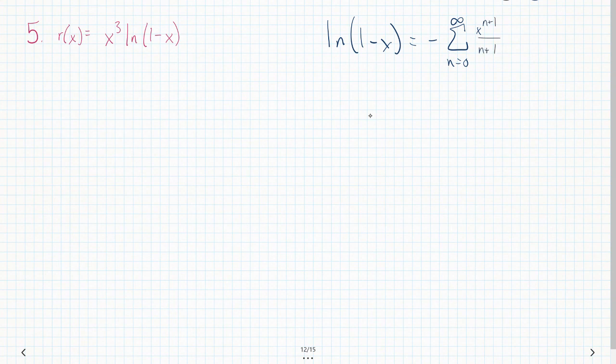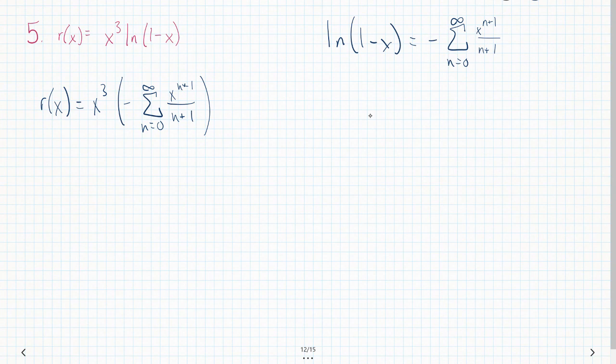Okay. So now we want to find r of x. Well, notice that r of x equals x cubed times the negative summation of n equals 0 to infinity of x to the n plus 1 over n plus 1, right?